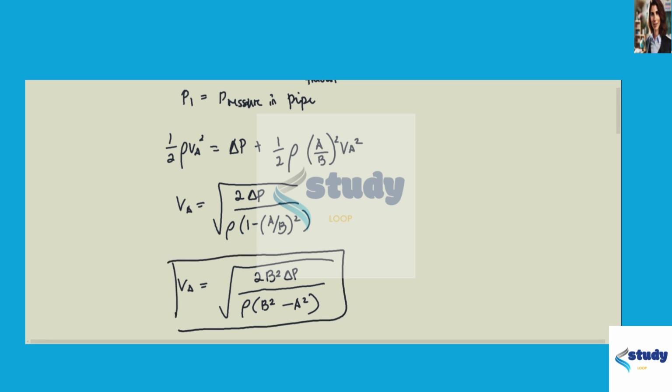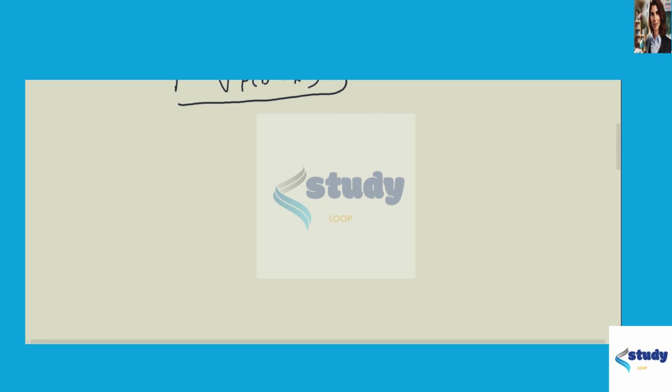Next, for letter B, from the equation that we got in letter A, which is VA equals square root of 2B squared delta P divided by rho B squared minus A squared, we can substitute the values that we are given.